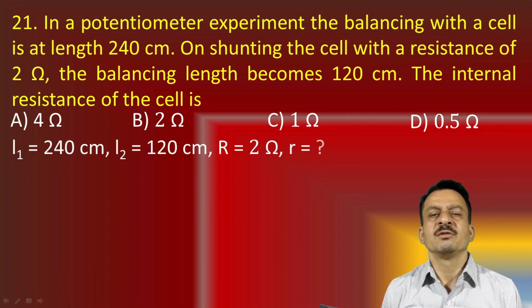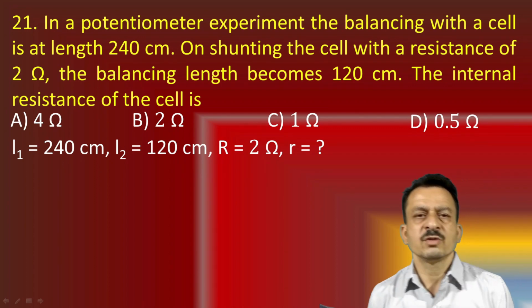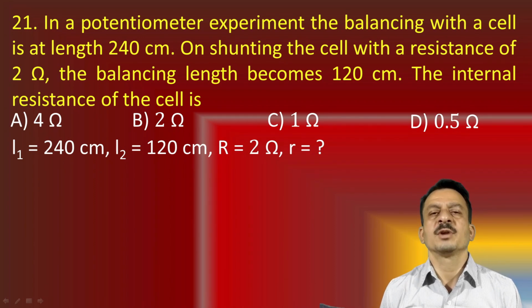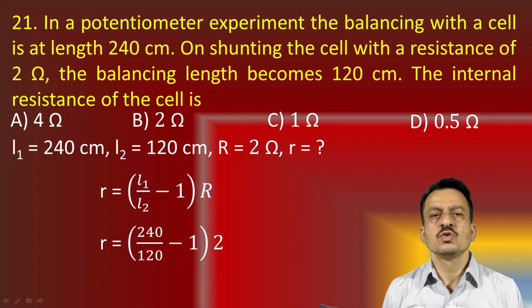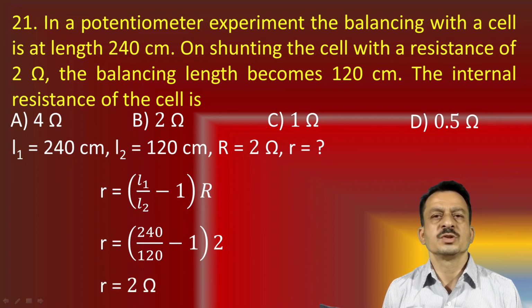Now the given L1 is 240 centimeter, L2 is 120 centimeter, and capital R is 2 ohms. We have to calculate small r. Now small r is equal to L1 by L2 minus 1 into capital R. Now substituting the values, 240 divided by 120, it is 2, 2 minus 1 is 1, therefore r is equal to 2 ohms, therefore B is the right answer here.